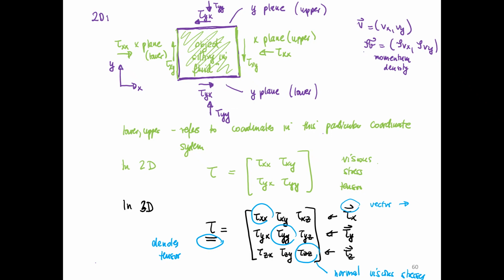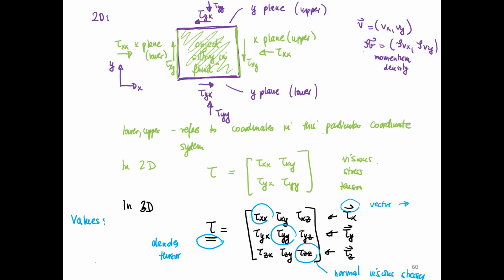So good news is values, and I'm saying values because the actual stress has a direction, right? And it's acting in a different direction for tau xy. When I'm thinking about shear stress, the force that is acting does have a direction.